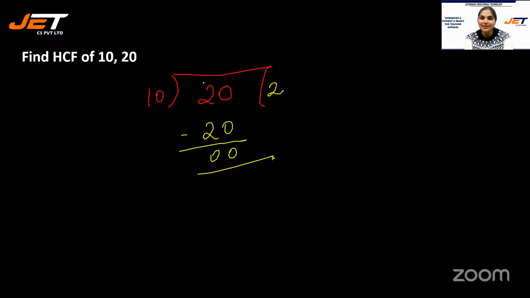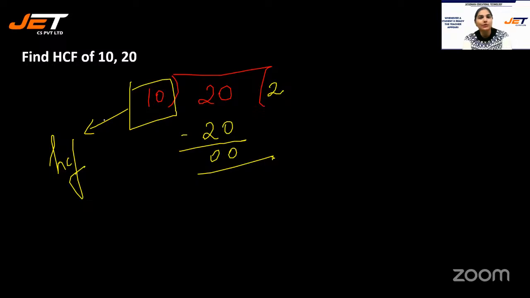The remainder is 0. That means 10 is the HCF of 10 and 20. The HCF of 10 and 20 is 10 only. Because I got the remainder 0 here, there is no need to make the other number a divisor.